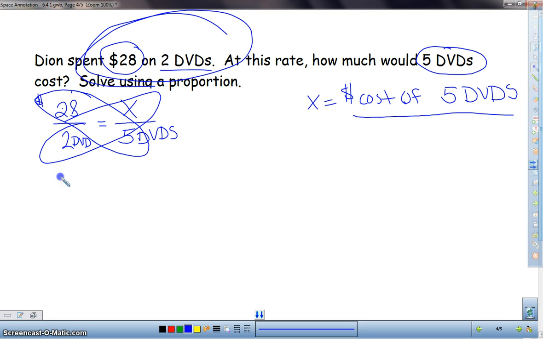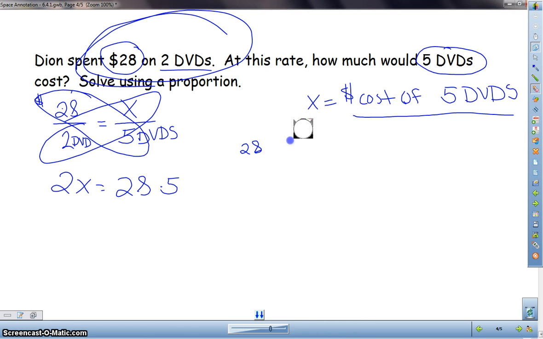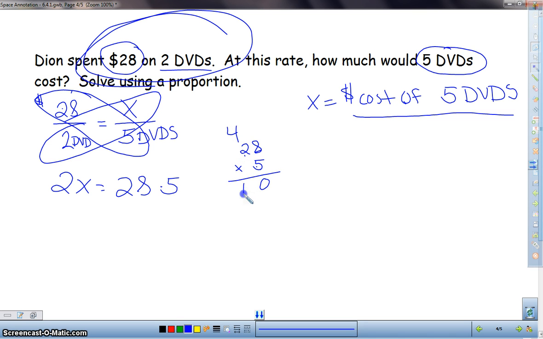So 2 times x is 2x. 28 times 5, I'm going to work out off to the side. Whoops. What am I thinking here? Let's drop this down. So 8 times 5 is 40. 5 times 2 is 10 plus 4 is 14. Okay. And then I'm going to divide both sides by 2.